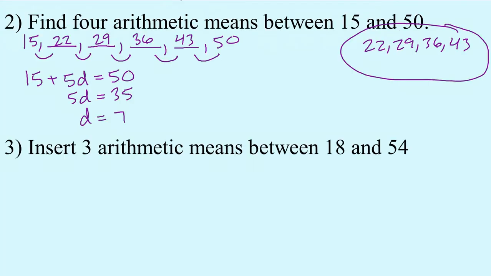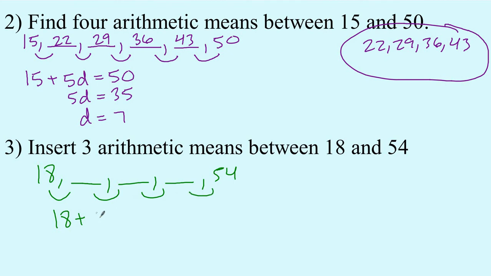Oh, sorry. All right. The next one, number 3, insert 3 arithmetic means between 18 and 54. So 1, 2, 3. This is where I get kids messed up. They want to say 3 because there's 3 in between. It's not what we've been doing. There's 1, 2, 3, 4 jumps.